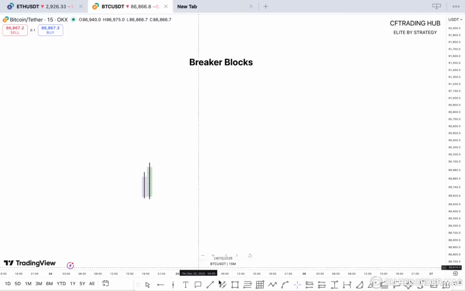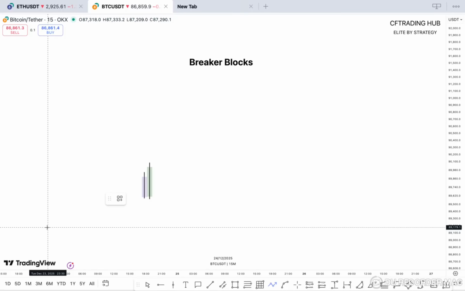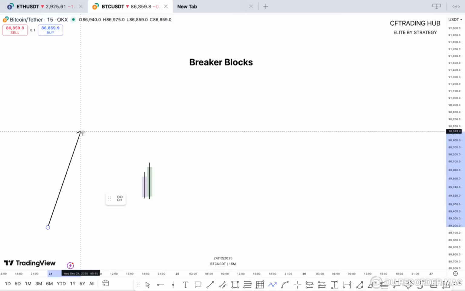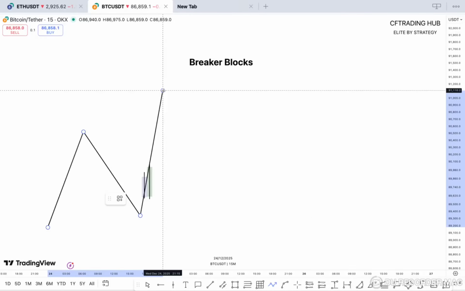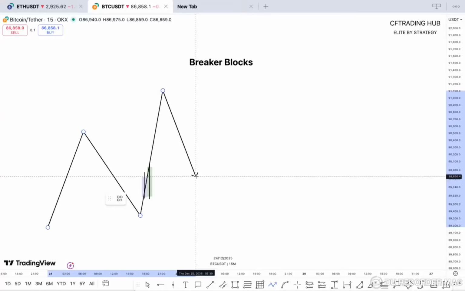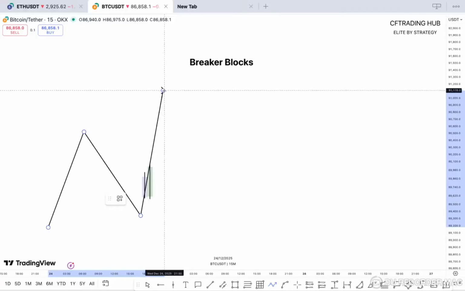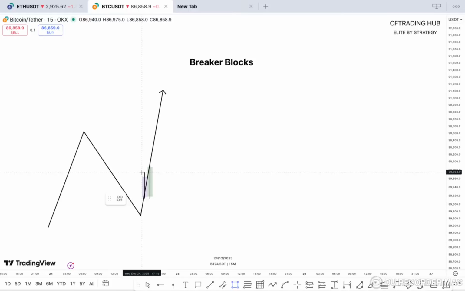Now we have another order block. Let's say the rectangle value right here. Okay, let me just stick to this. Now these are order blocks over here.